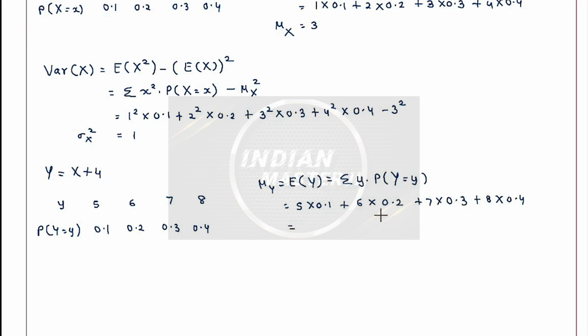If I solve this, I get this value as equal to 7. But this 7 is equal to what? Can I say this 7 is equal to 3 plus 4? If I can say this, that means, can I say that mu of y is actually mu of x plus 4?